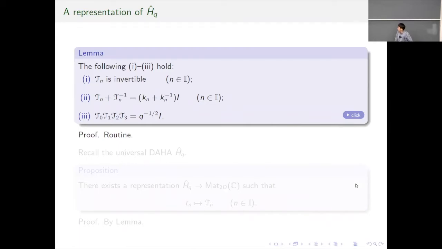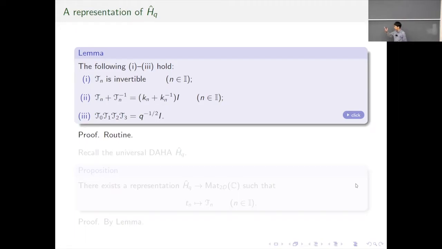Now, here is the lemma. The following 1 through 3 hold. First, Tau n is invertible. We already saw this, because our big 2D by 2D matrix is invertible. Also, Tau n plus Tau n inverse is equal to Kn plus Kn inverse.